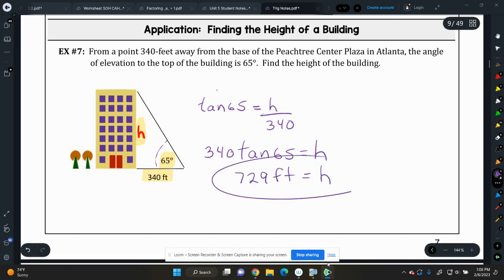That's the height of my building. We didn't have to run up the side of the building with a tape measure. All we had to do was measure how far we were from the building and measure the angle.